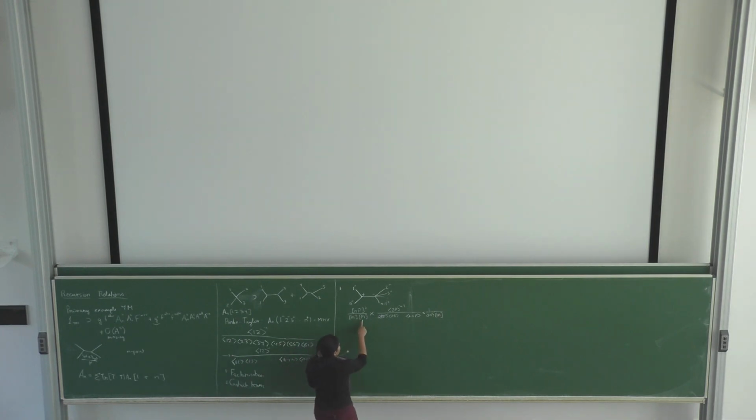And of course, you have to use the fact that P is actually P1 plus Pn, because that's the factorization channel that you're on. And when you do that, you'll see that this actually gives rise to the n-point Parke-Taylor factor. Okay?